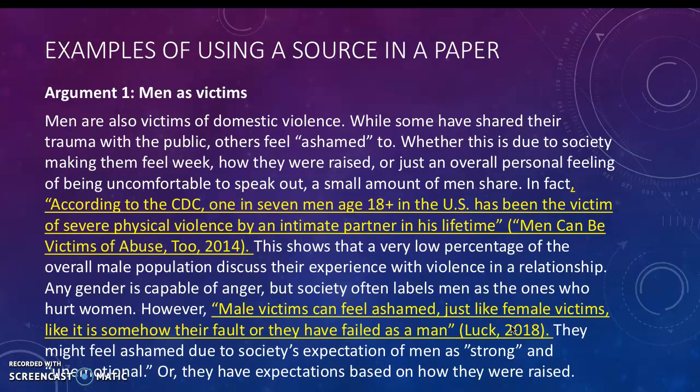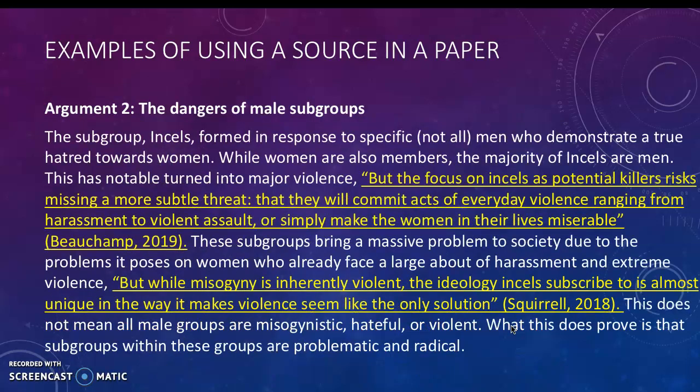So let's look at a second sample. Pretend this was an entirely different argument paper about the dangers of male subgroups. This is just based on a sample, but again, information underlined and highlighted in yellow is from a source. Everything else is the author's own words.